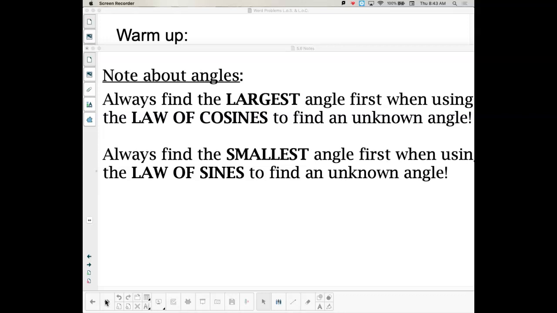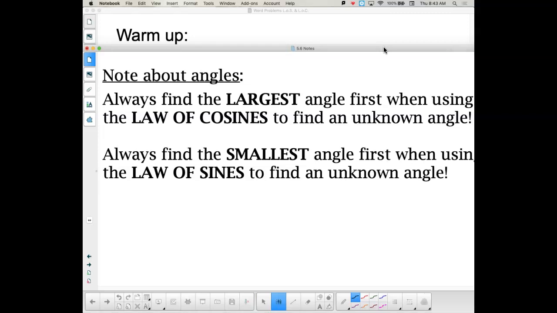The reason for that is because of the restrictions from the inverse cosine. For cosine, remember we restricted cosine to the top half of the unit circle.